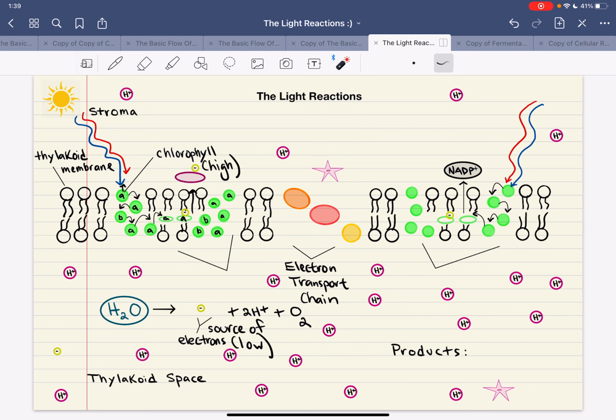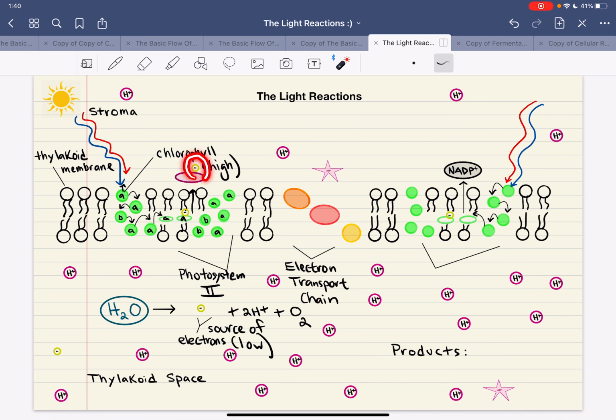But before I describe the last step of this process, I want to label one more thing, which is this entire structure, collectively, all of the chlorophylls. It's referred to as a light harvesting complex. We call it a photosystem. Specifically, it's called photosystem 2. Really, the overall job of photosystem 2 is just to use sunlight to energize or excite an electron to a higher energy level.